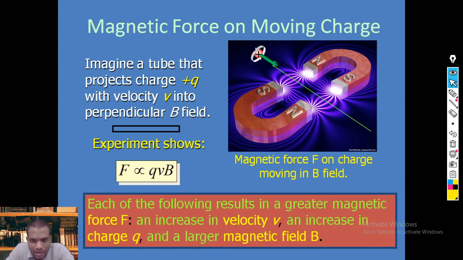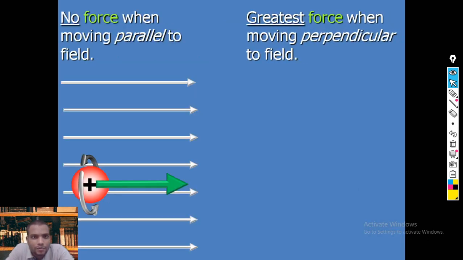Here V is the velocity vector and B is the magnetic field vector. To increase the force on the charge, any of these three is responsible, because charge, velocity and magnetic field are all proportional to the force. To increase the force, you can increase the charge, the velocity, or the magnetic field.